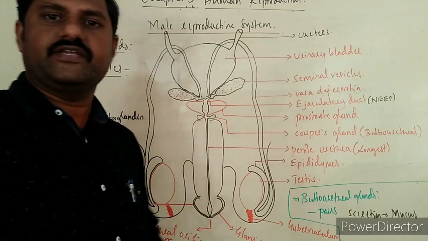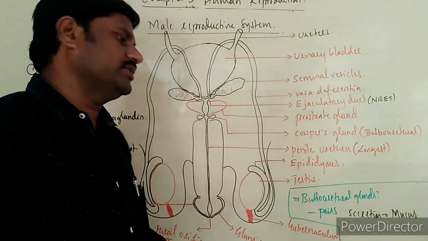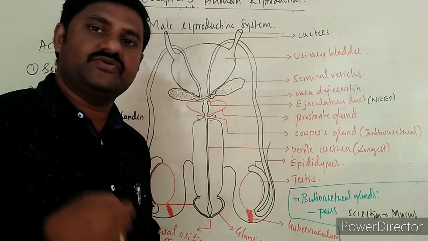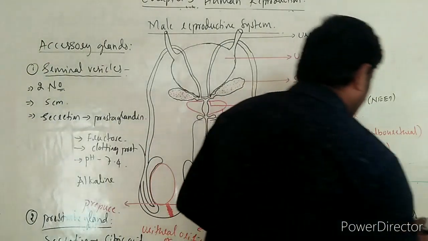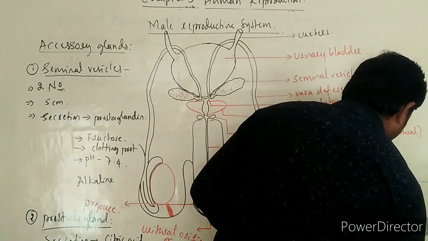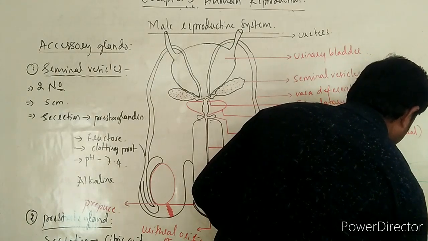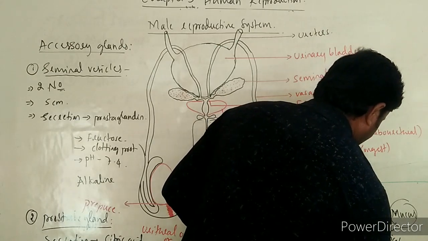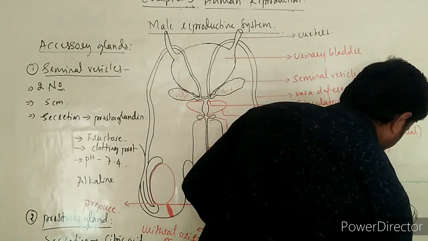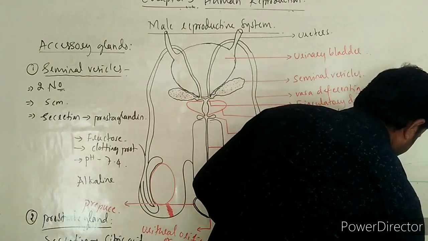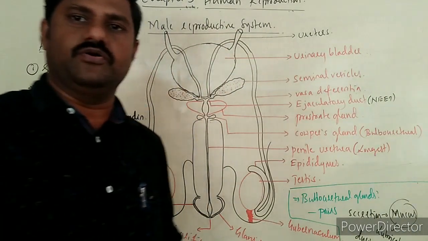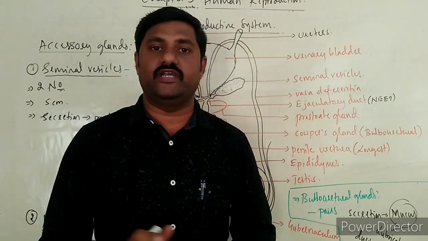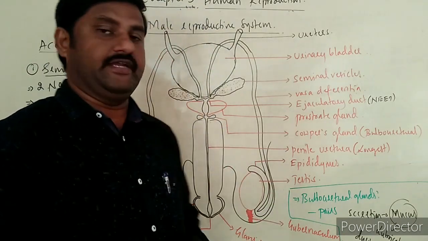Only mucus secretion takes place from the bulbourethral gland, which helps in lubrication during copulation or sexual intercourse between the male as well as the female. So during sexual intercourse it would lubricate.